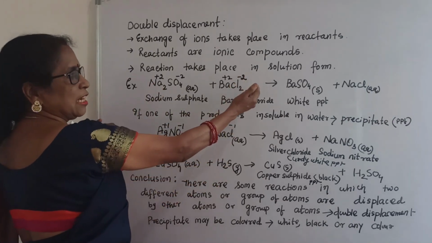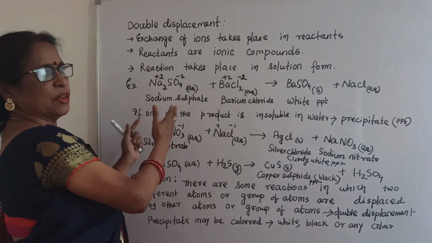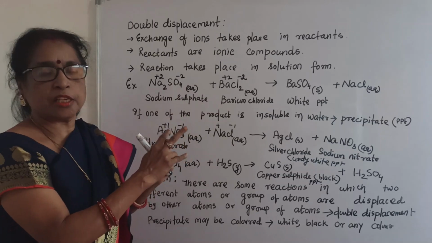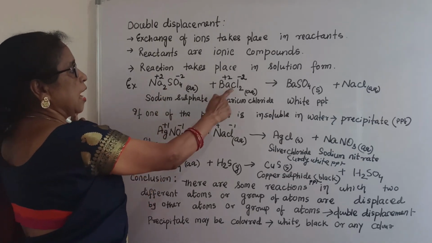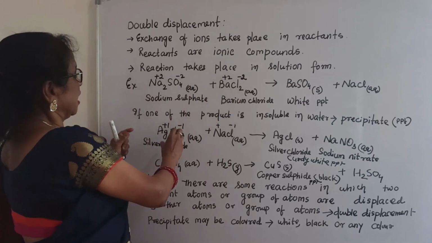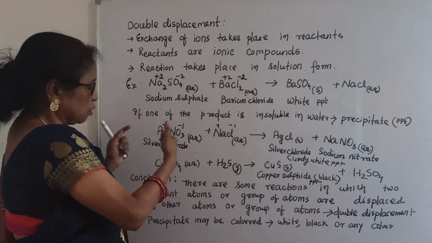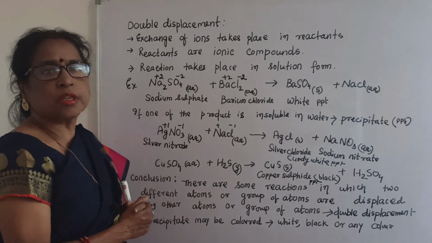Here suppose Cl, here suppose Br, then it is called two atoms exchange. If you say SO4 and Cl, that is a group of atoms and a simple atom. If you say NO3 and SO4, then you can say groups of atoms. So this is the conclusion.